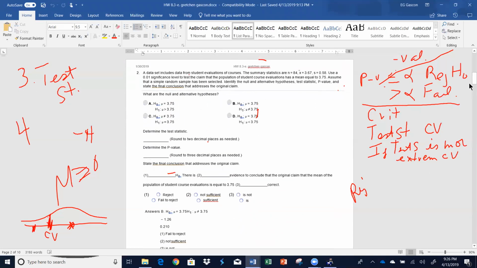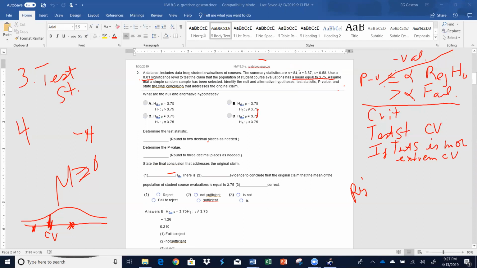Okay, so here, this is where that little chart comes in really handy. So here's the summary statistics, okay? So they give you that. Now we've got all this stuff here. I use a significance level of this, so we know what alpha is. And the key here is that the mean is equal to 3.75.